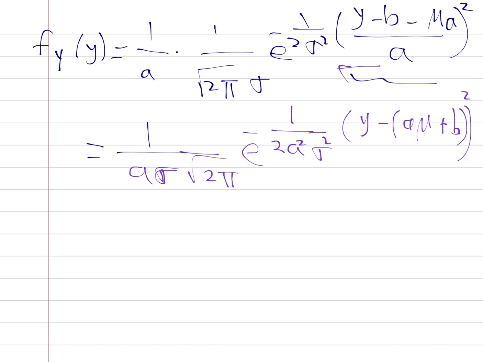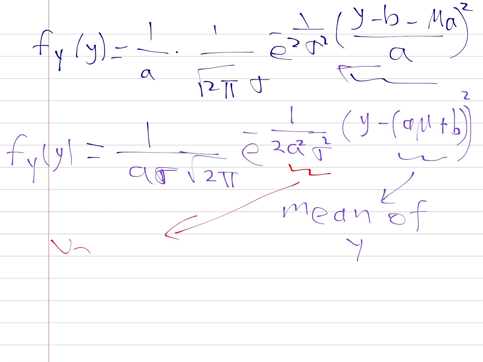So from that we can say this is f_Y of y. We can conclude that this one here is the mean of y, and this one is the variance of y.